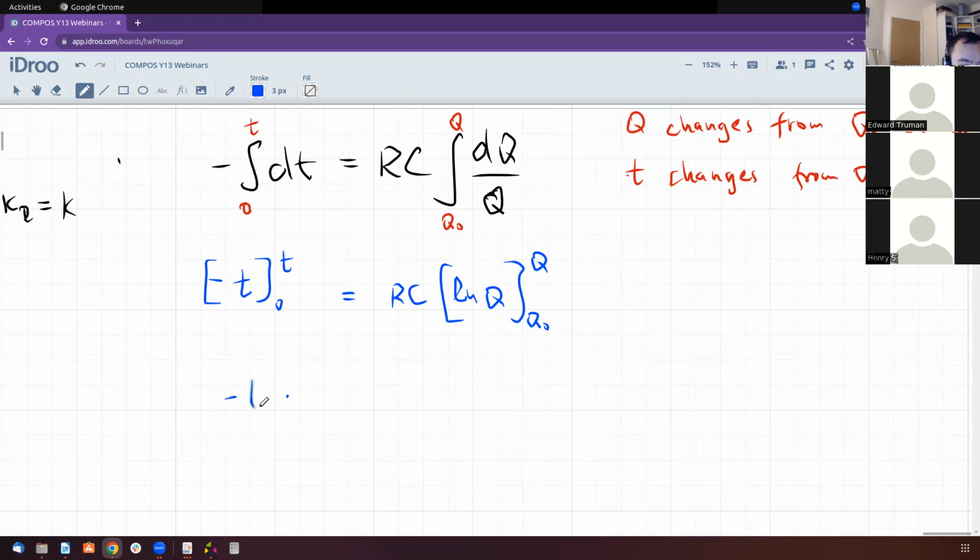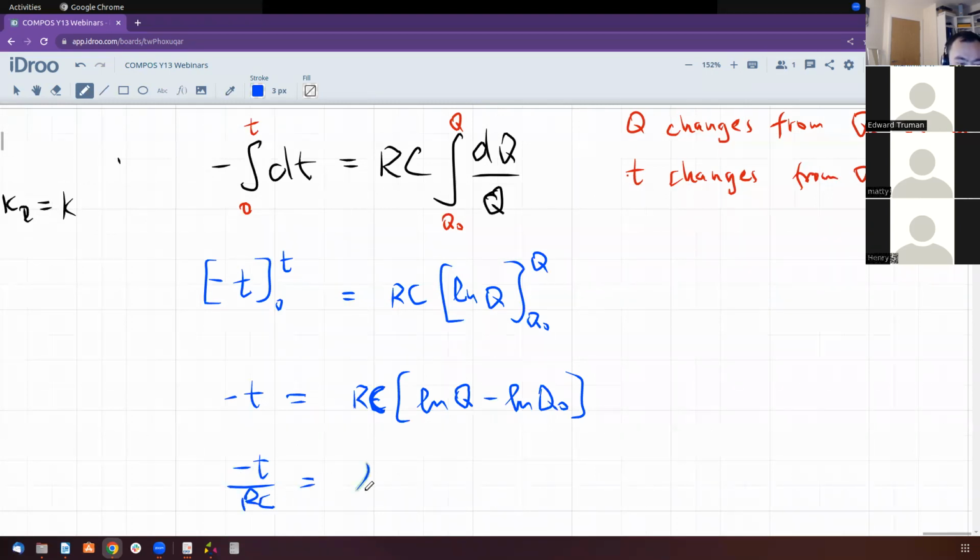So we have minus t equals RC times ln q minus ln q0. Minus t over RC is equal to ln q over q0.